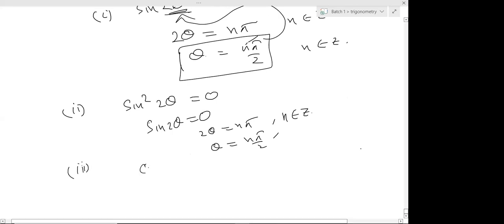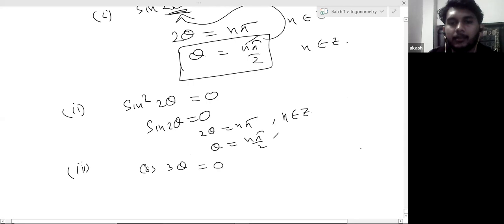Cos 3 theta is equal to 0. Try to solve this one.